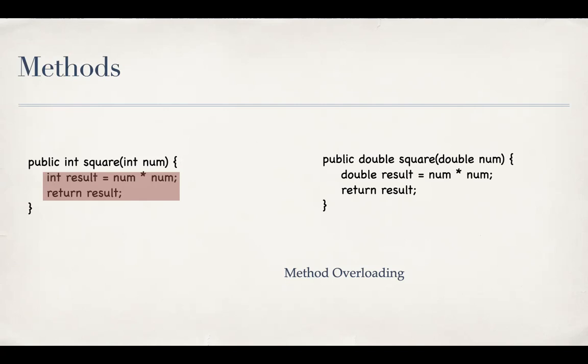Let's see how this method is invoked. You can have a statement like int y equals square of 5. And as you expect, y should get the value of 25. But this is how the method is executed. 5 here is the actual parameter, or an argument. And when the method is called, this value is copied into the formal parameters here. In this case, there is only one, but the mechanism is a place-by-place matching.